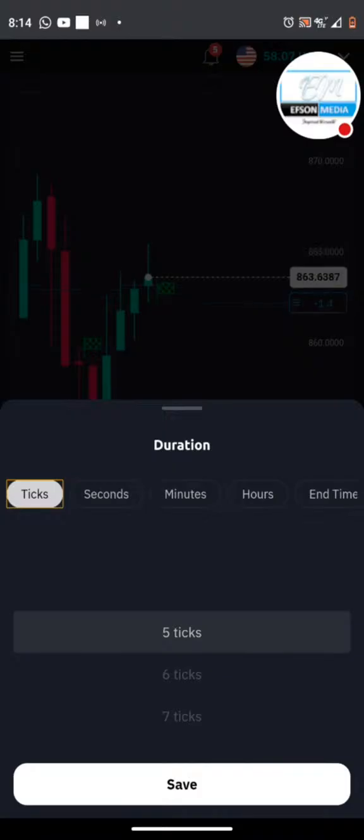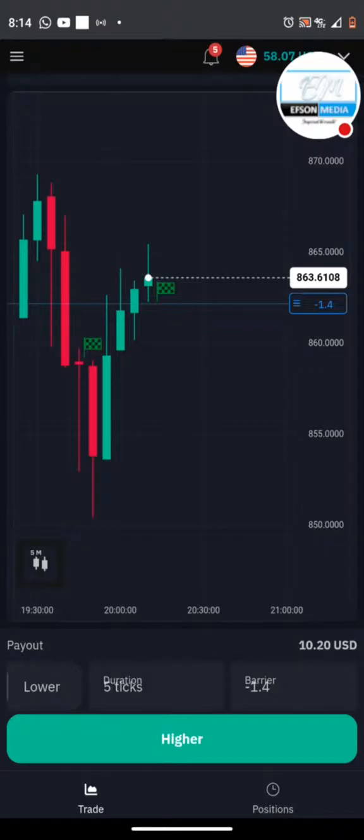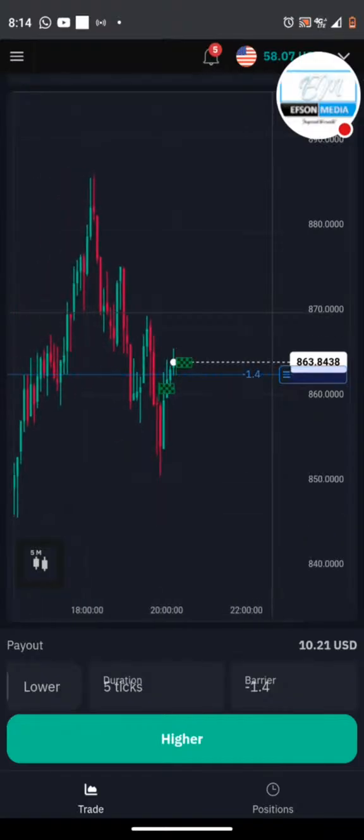So if you get into the market by 8:12, by 8:13, 8:14, you should be getting out before it hits 8:15. So that's how it is. The market moves in this kind of way sometimes. If you don't follow the time, it will go against you.